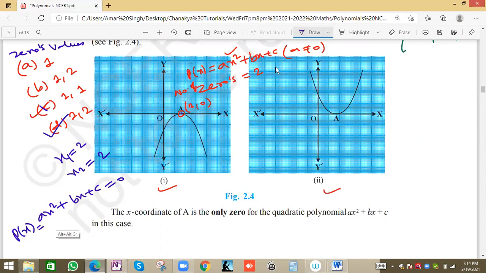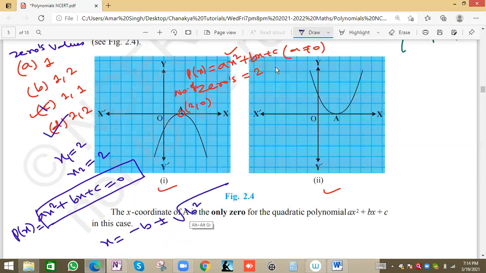So this will become a quadratic equation equal to 0, and the solution by the quadratic formula is x equals minus b plus minus under root b square minus 4ac by 2a. I think everyone knows this.